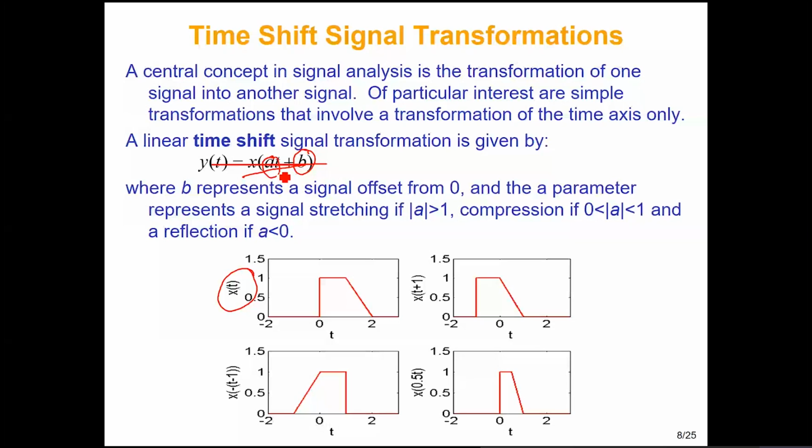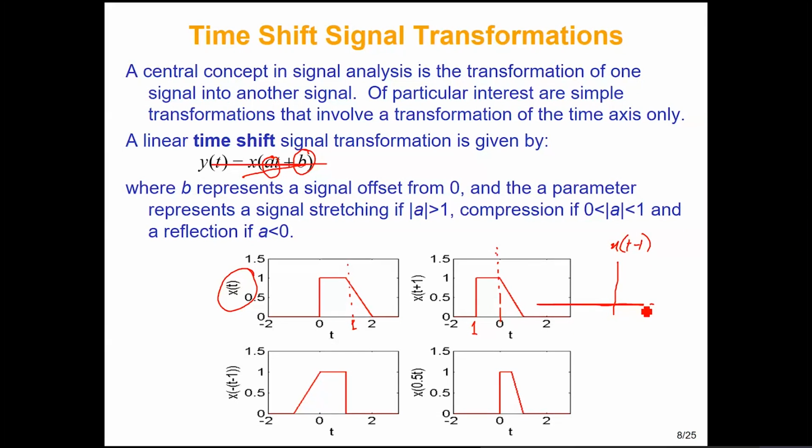So let's see. Here, if x of t is this, then x of t plus 1 is going to be a shift left by 1 time unit. So this is just shifted left by 1 time unit. If you see this graph, this is from 0, 1, and 2, and this actually gets shifted left by 1. And similarly, if we had x of t minus 1, this is a shift right by 1 time unit.